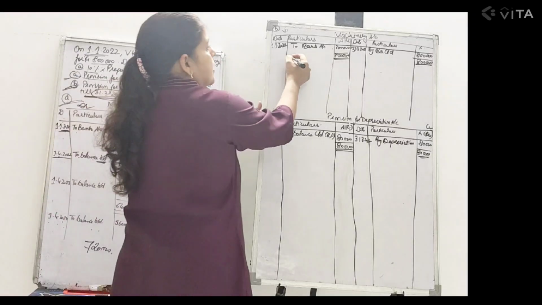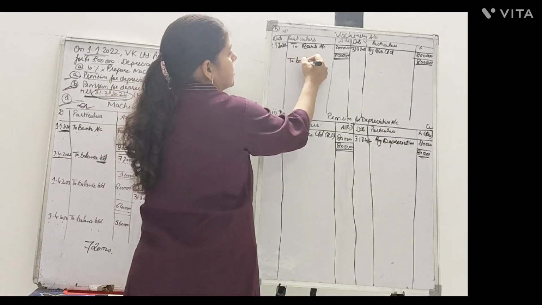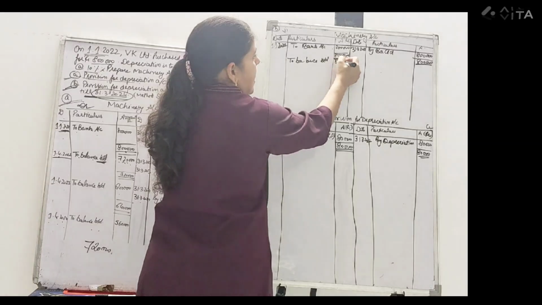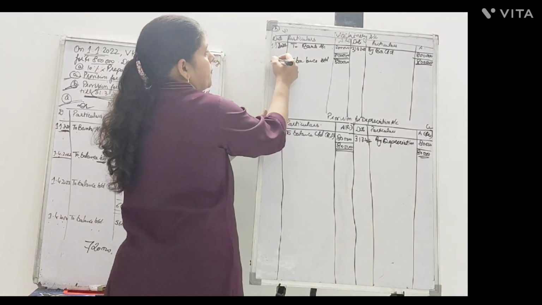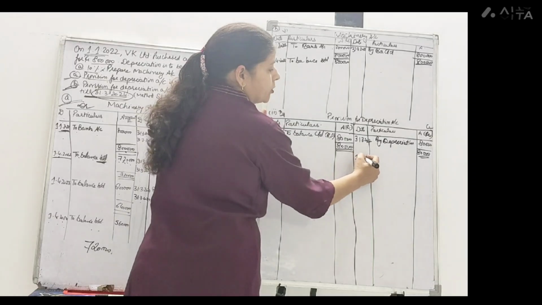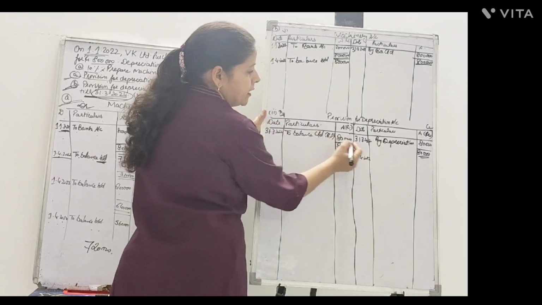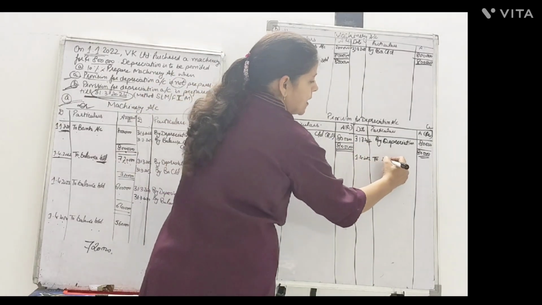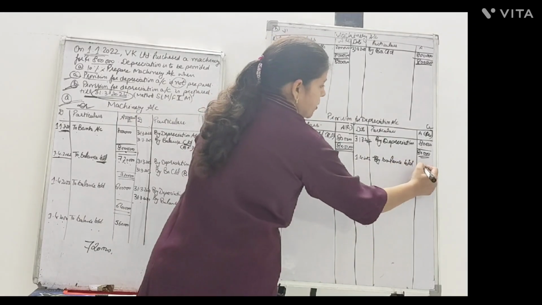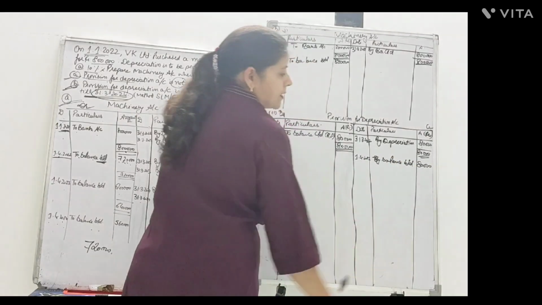Now see what we have done here. The balance brought down for the machinery is 8 lakh as on 1st of April 2022. But as on 1st of April 2022, what is the balance brought down for your provision for depreciation account? That is 80,000.